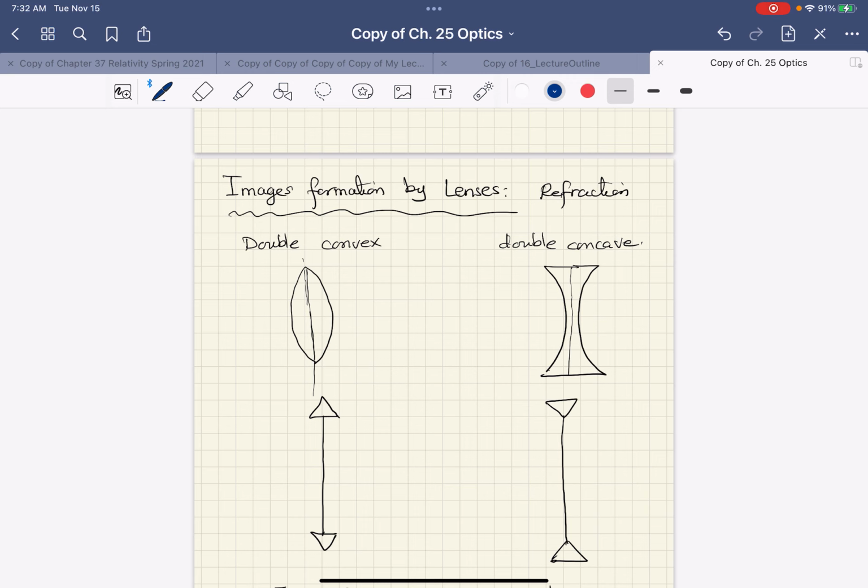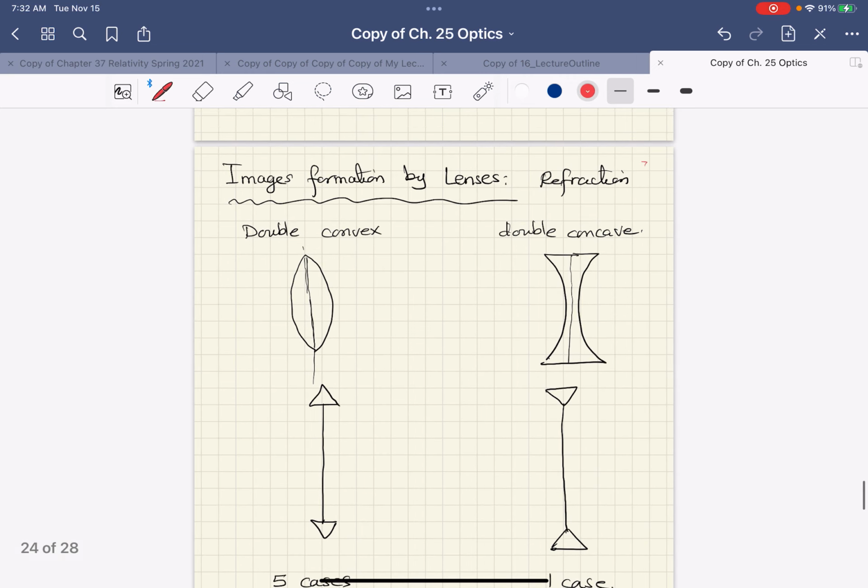Okay, lenses use refraction, because we know that light is going to go through the glass, and the concept that is used is refraction.